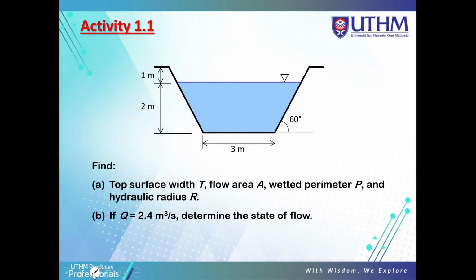For this example, you must know that for this trapezoidal channel, this is 1 over Z. To get the value of Z, you can find it because this angle is 60 degrees, which is equal to 1 over Z.